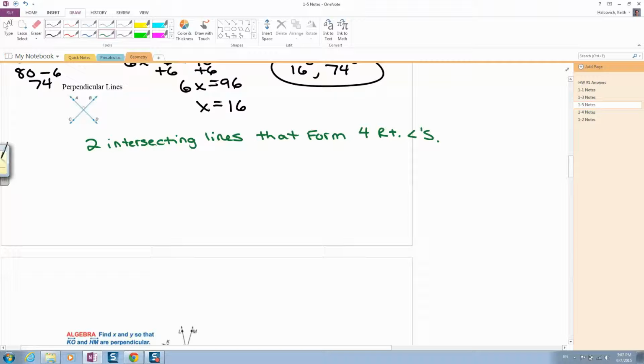So you know that not just that angle is a right angle, but all four angles are right angles. So in this picture, the line AD is perpendicular to BC. So when we write perpendicular, we put an upside down T. That means perpendicular to.